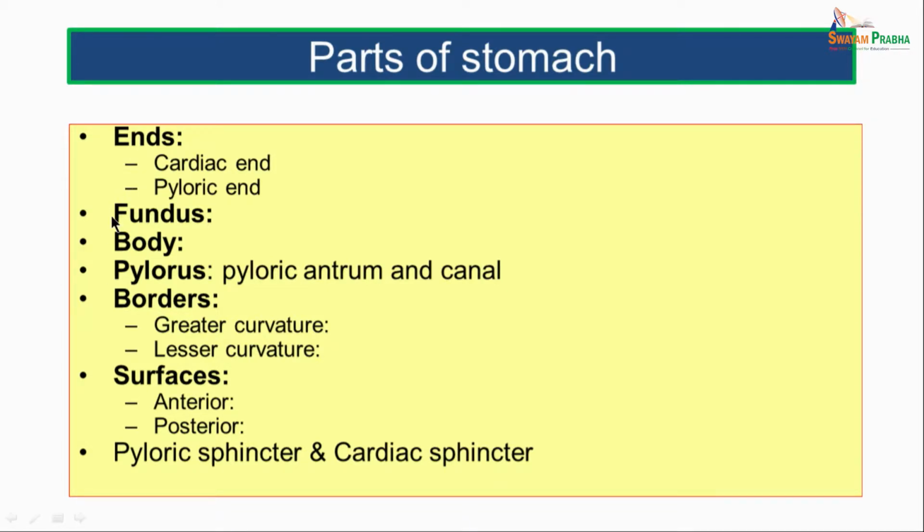Three parts: fundus, body, pylorus made up of pyloric antrum and pyloric canal. Borders: greater curvature, lesser curvature, and surfaces: anterior and posterior surface, or to be more specific, antero-superior surface and postero-inferior surface. The two openings, the cardiac and the pyloric, are guarded by sphincters, which are the pyloric sphincter and the cardiac sphincter.